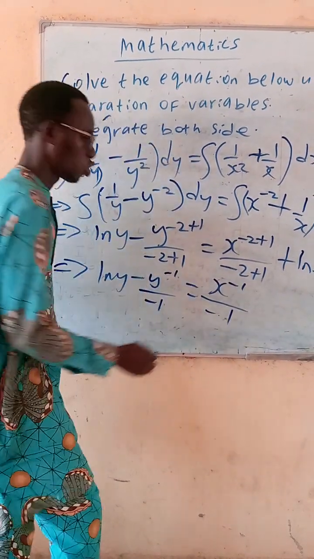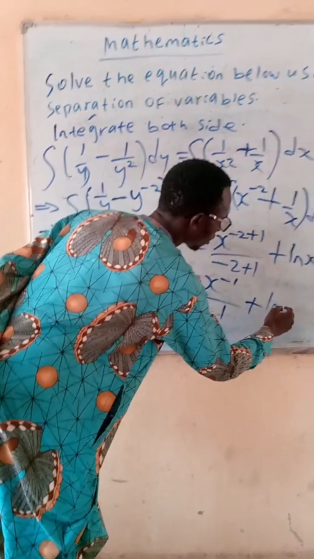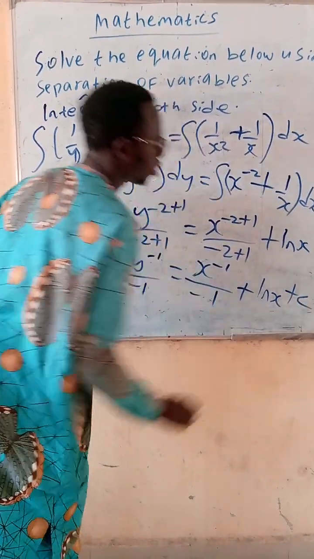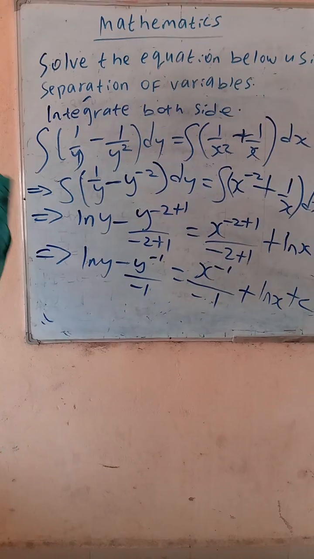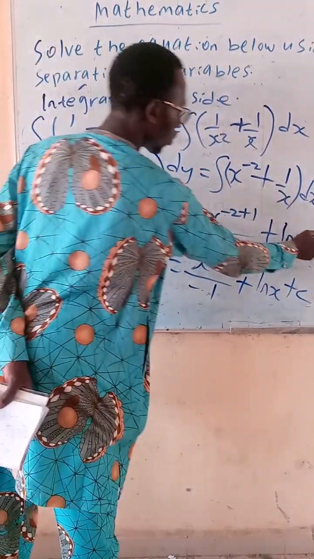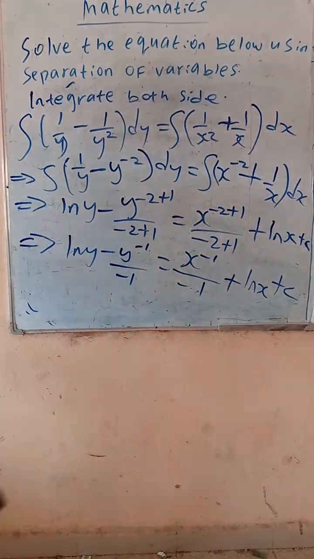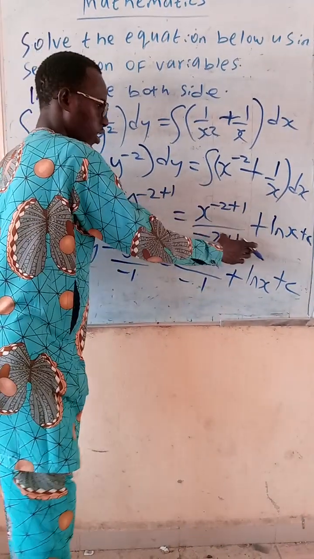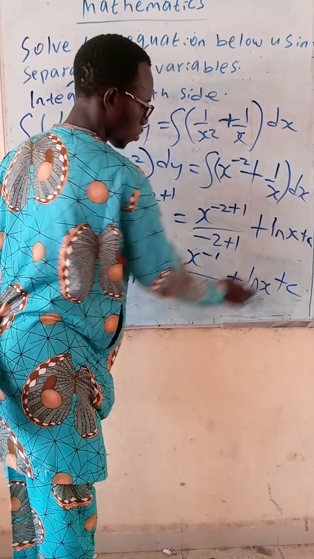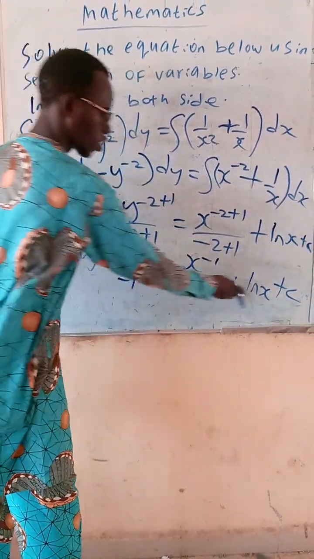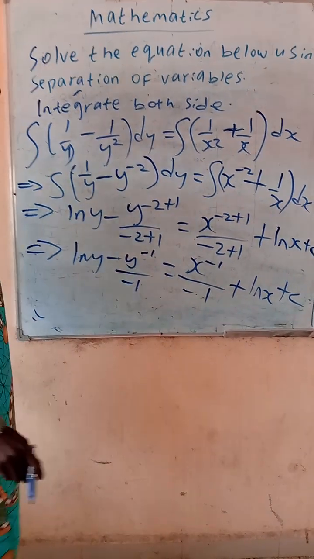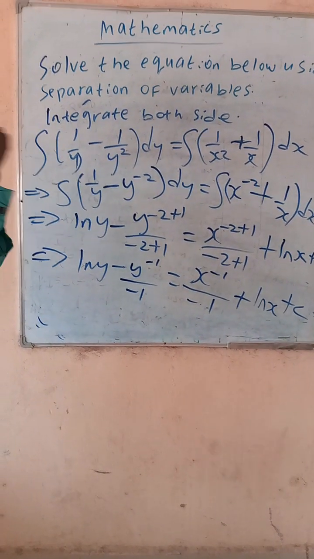Plus ln x, plus our constant. Yes, we are going to have a constant, because when we integrate this, we must definitely have a constant in the integration. So that's why we have this constant here.